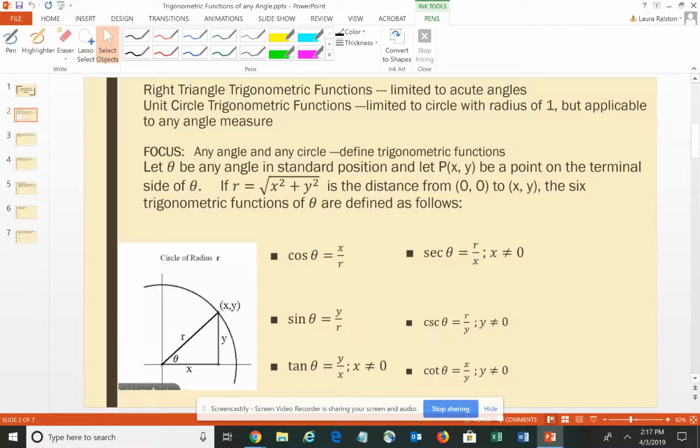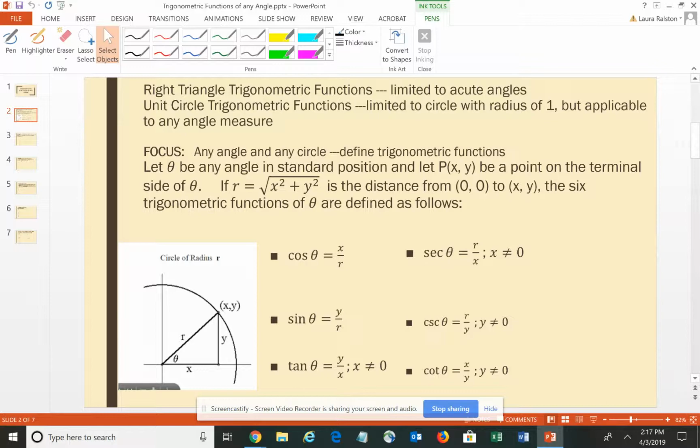If r, which is the radius of the circle, equals the square root of x squared plus y squared, the distance from the center of the circle, which is the origin, to the point x comma y, the 6 trigonometric functions are defined as follows.